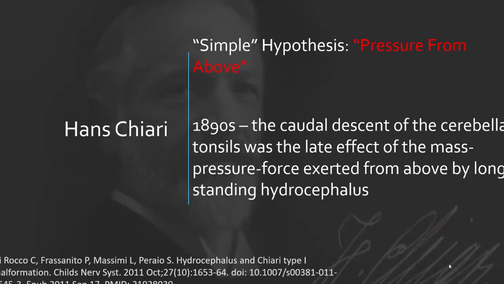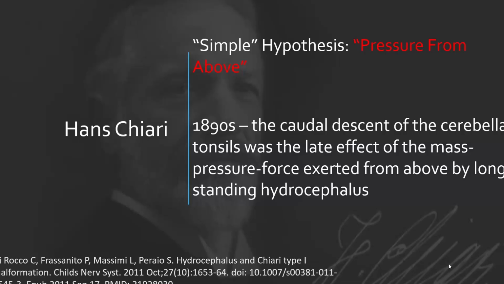So in a lot of ways, this theory of hydrocephalus causing the Chiari malformation was the original hypothesis in the 1890s. This came from a case report of a 17-year-old girl with typhoid fever, essentially, and Hans Chiari had done her autopsy and found this caudal descent of the tonsils with ventriculomegaly, and essentially this is where that hypothesis began.